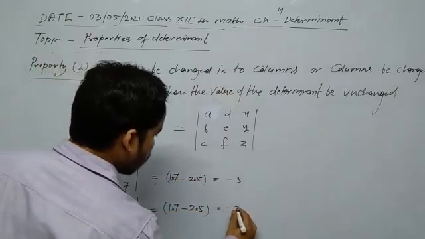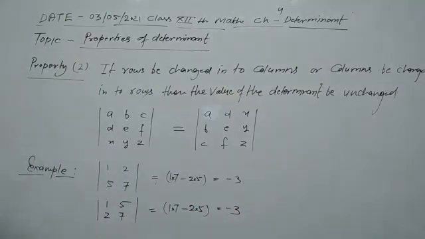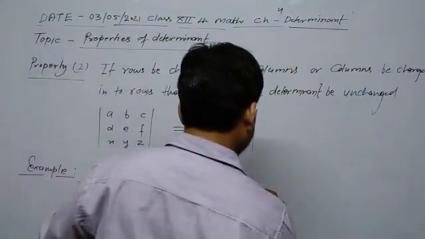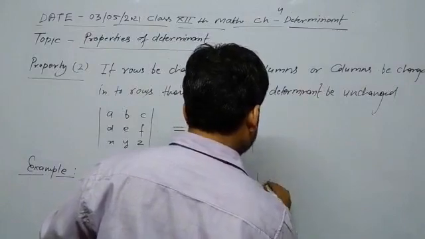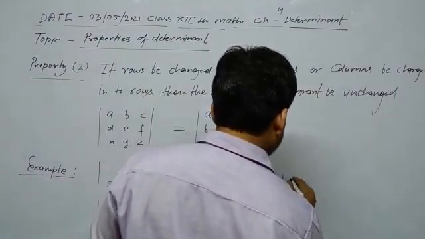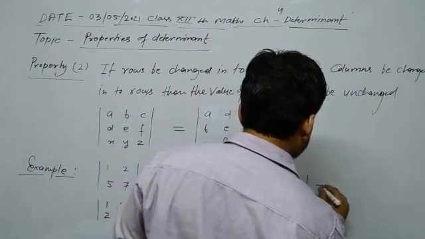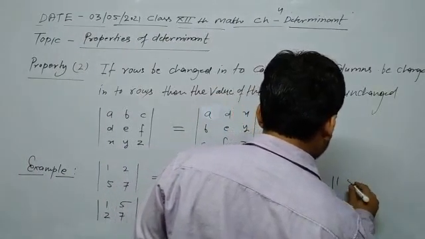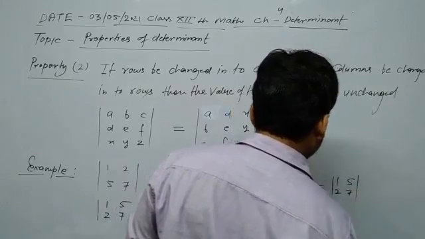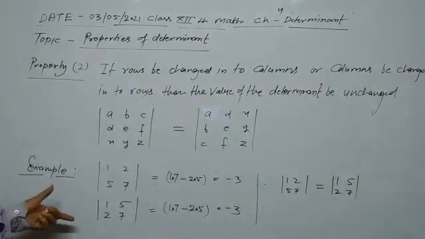Result is minus 3. R1 interchanged with C1, or R interchanged with C, so the result is the same. Therefore the determinant 1, 2, 5, 7 is equal to 1, 5, 2, 7.